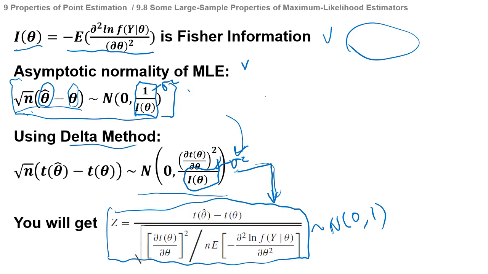If any statistic follows a distribution like this, then by using the delta method, if you are interested in t of theta hat, then the distribution would follow like this. So the delta method is something like this.